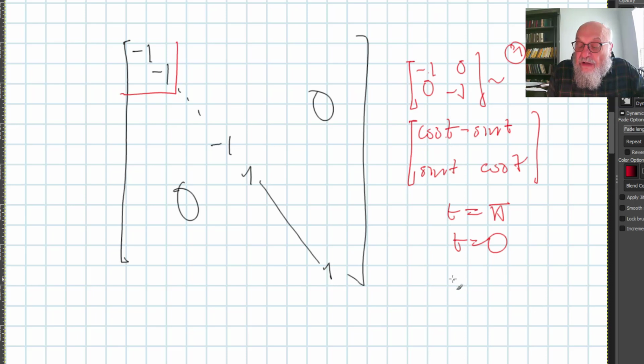So this will be homotopy to identity. This is A, this is A1, and this will be identity. So that gives you the homotopy.